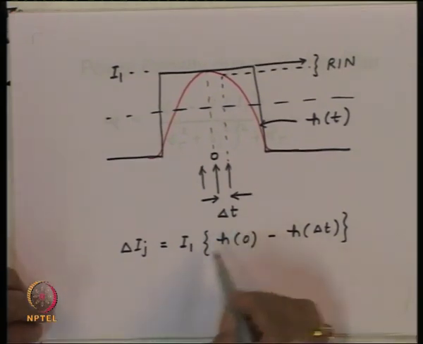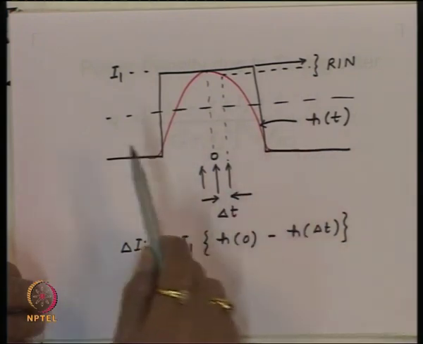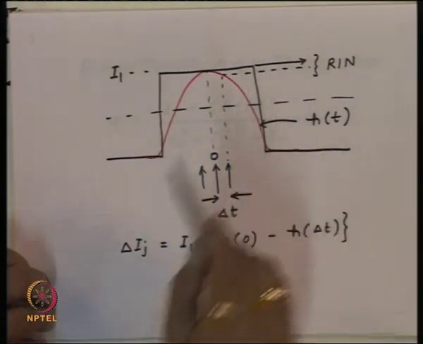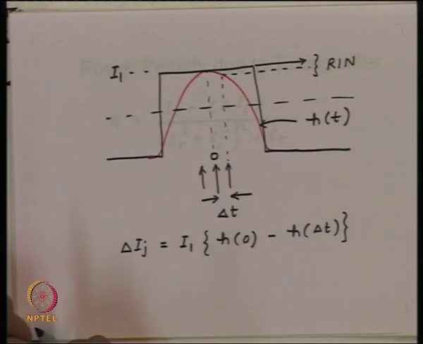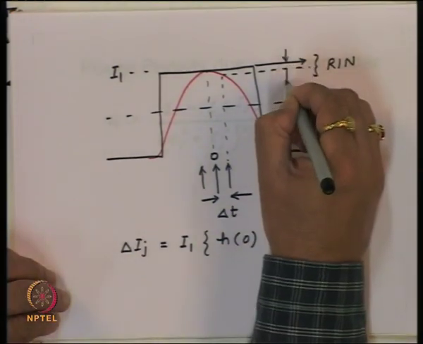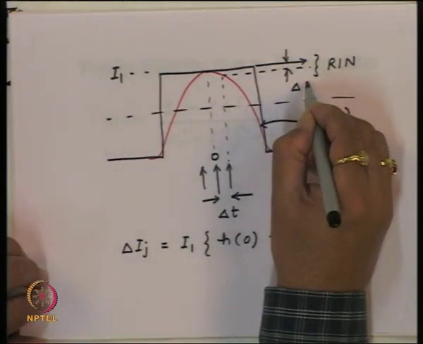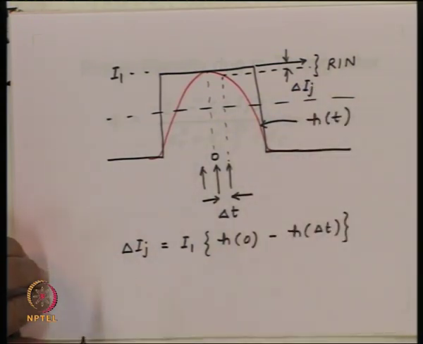So, this is the function h of t which is going to give me the change in the amplitude. This quantity which we got here is nothing but delta I jitter.